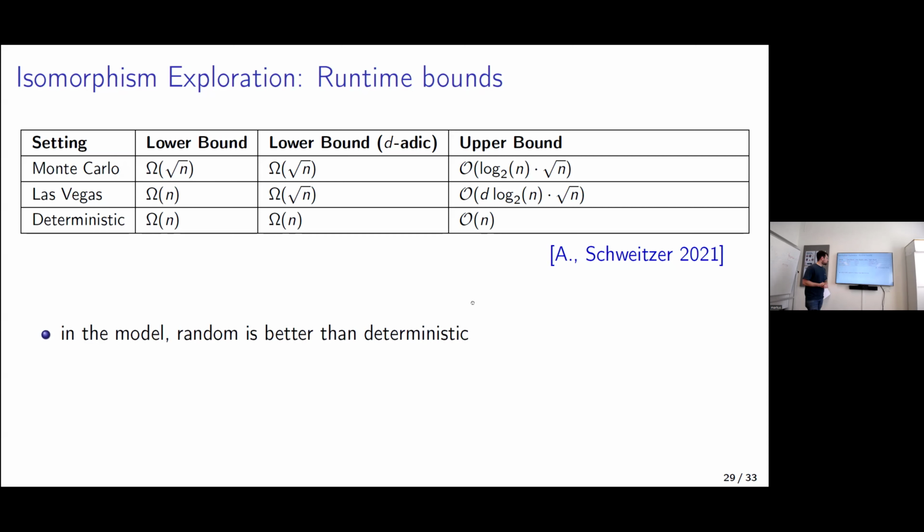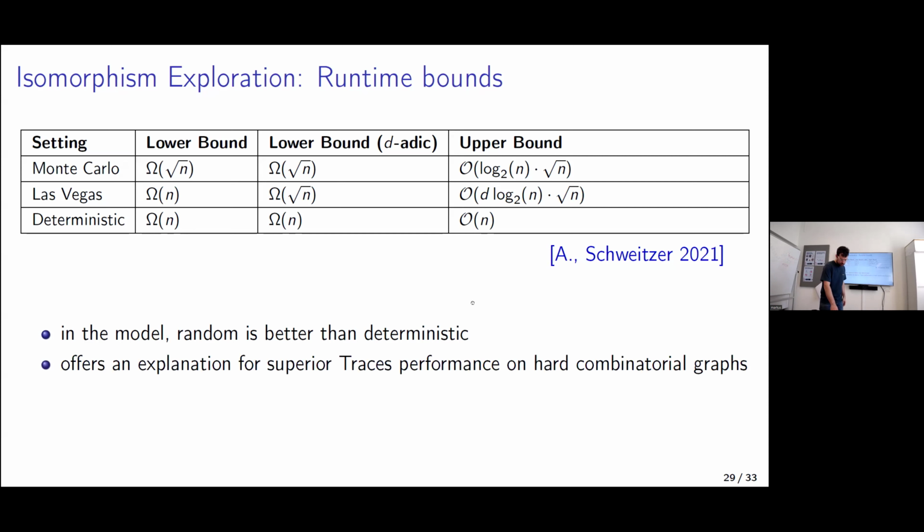The thing to observe here is that in the model, random is better than deterministic. We have a deterministic lower bound of omega of n, and the Monte Carlo algorithm just breaks this and runs in time square root of n. This also offers an explanation for the Traces performance we observed. Why is that the case? Well, Traces uses both of these strategies a little bit.